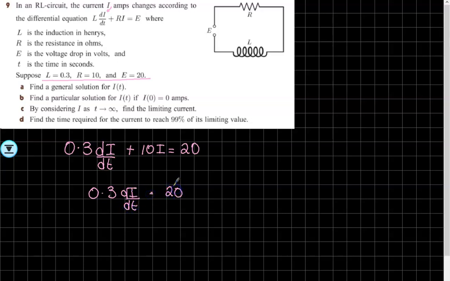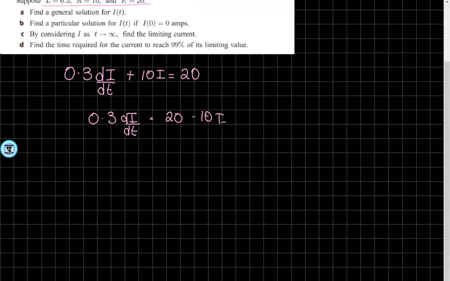You might be going, what are you doing? You're putting this over the other side. But basically what I want to do is now divide by this, and we've seen that before. I'm looking at the 20 and the 10, so I can tidy that up and say that that's 10 times (2 minus I), agreed?